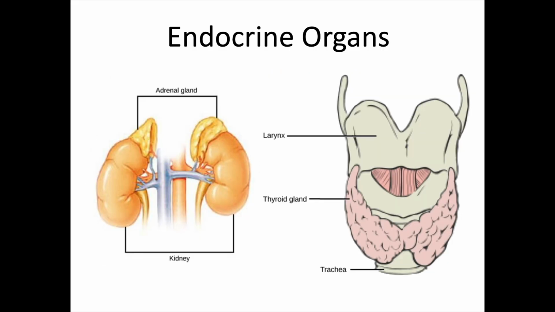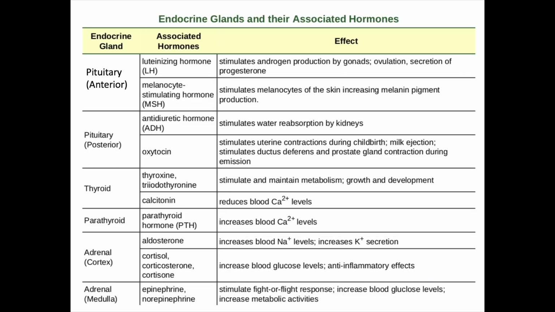Additionally, we see adrenal glands. These are located above the kidneys. They produce a lot of different hormones, including adrenaline, which is what adrenal glands are named for, but they do other stuff as well. And then the thyroid gland is another big one. This is located in front of the trachea, so this would be in the throat. This makes a bunch of hormones as well.